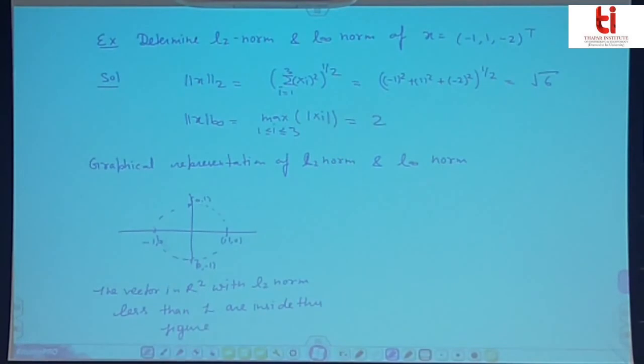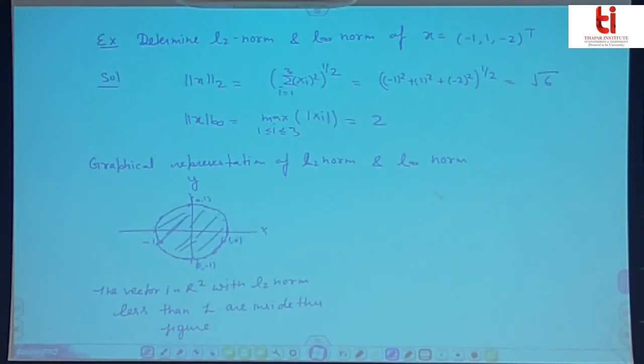That means what? This is a unit circle. Okay, unit circle. This is 2 dimension, x-axis, y-axis. So those vectors whose L2 norm is less than or equal to 1 are lying inside the circle.